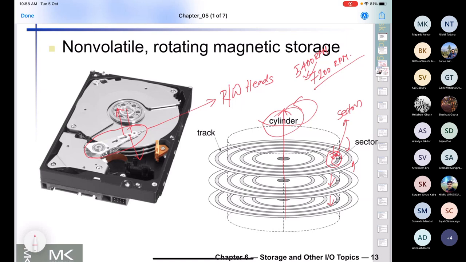So either the read-write head moves towards the center. When it moves towards the center, it moves up to a track, but the same track across all the disks. Okay, so values can be read from or written to across the same track over the entire disk.